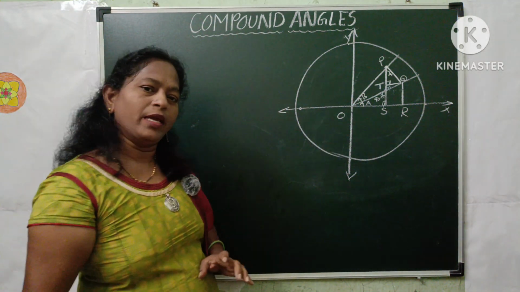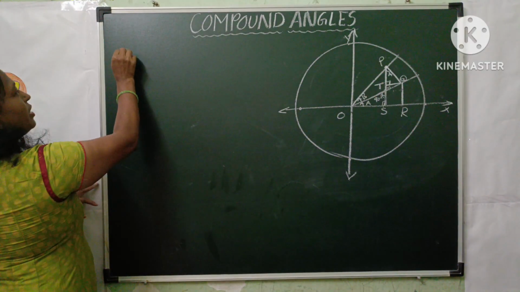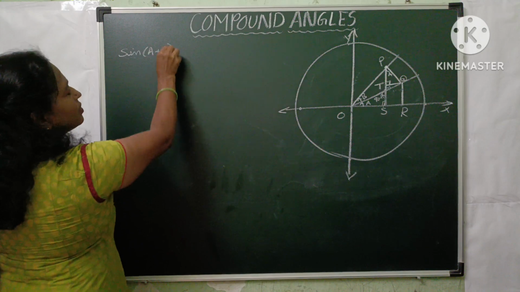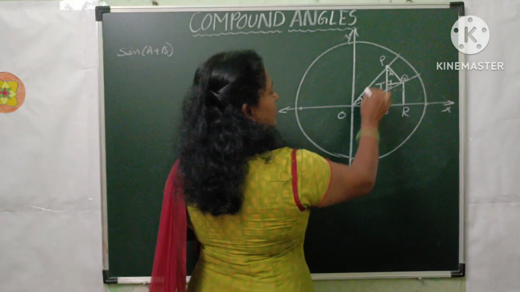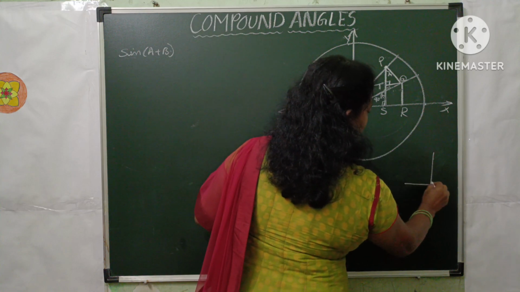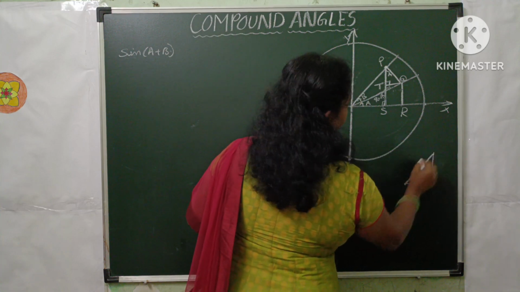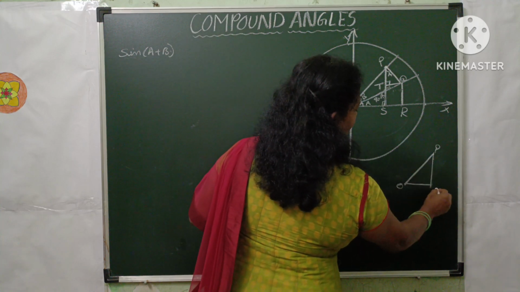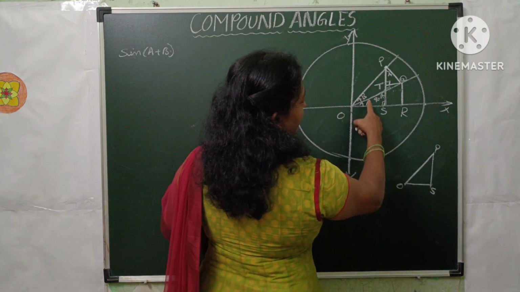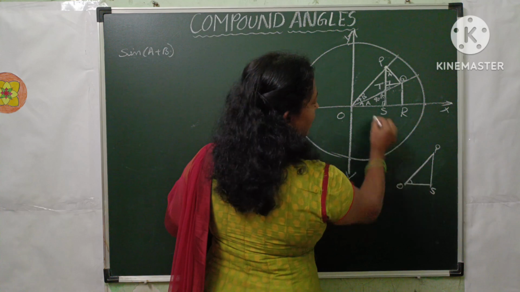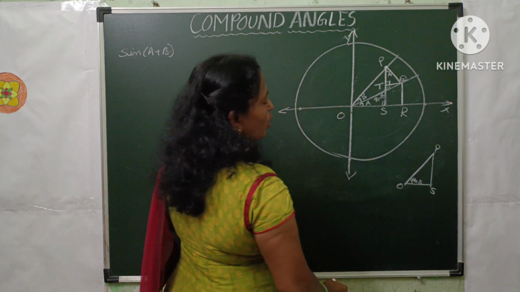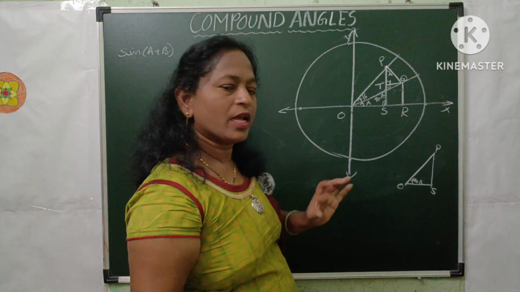Now we have to find sin A plus B. Sin A plus B is connected with the triangle OPS, where the angle is A plus B. What is the ratio of sin?